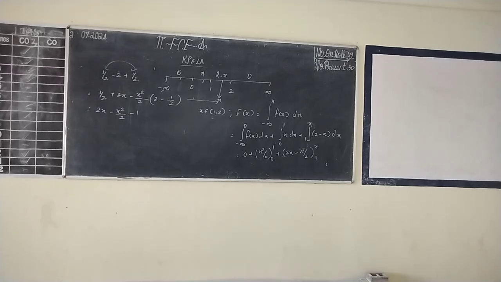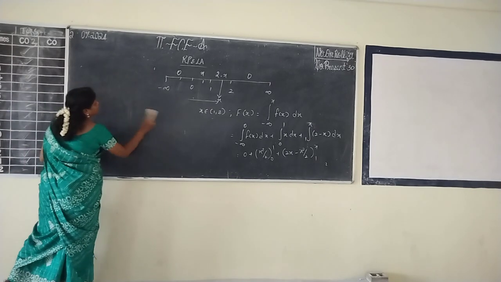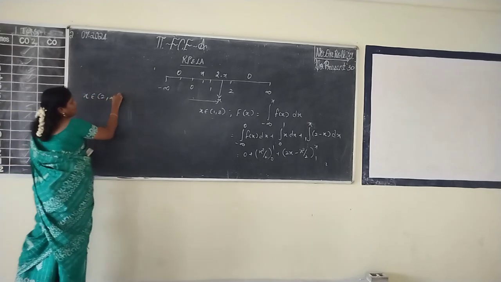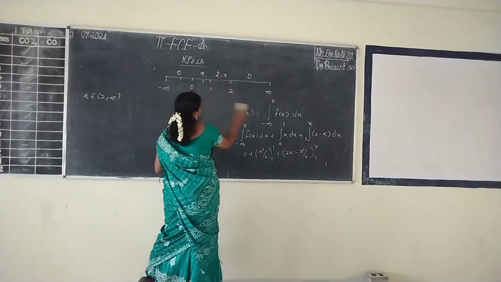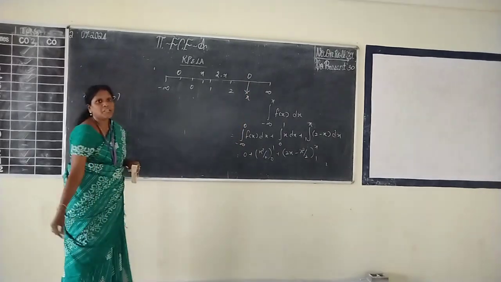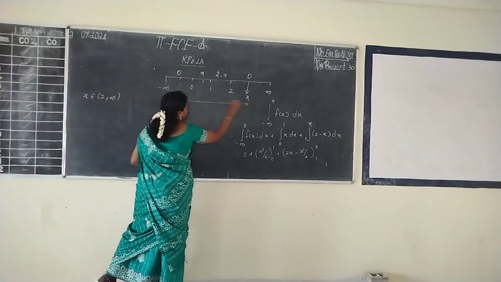Should we start the next one? Right, last case. If x belongs to 2 to infinity, if x is going to lie between 2 to infinity, from which interval are you going to start the integration? Minus infinity.